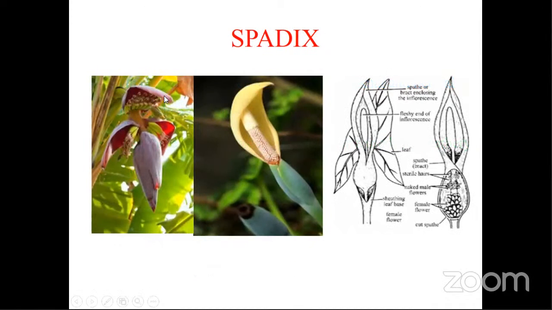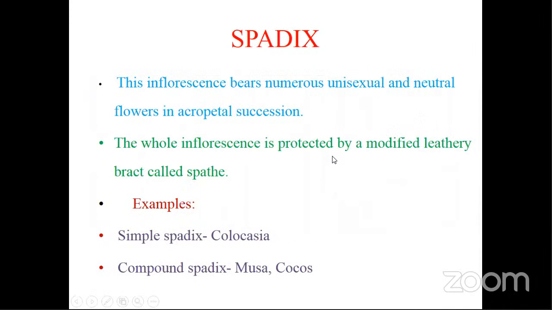You can see here the peduncle is branched in compound spadix and unbranched in simple spadix. The inflorescence produces many unisexual and neutral flowers in acropetal succession. Very simple.